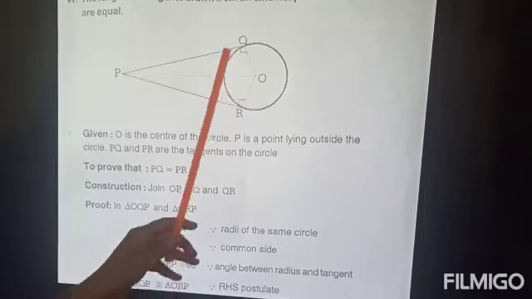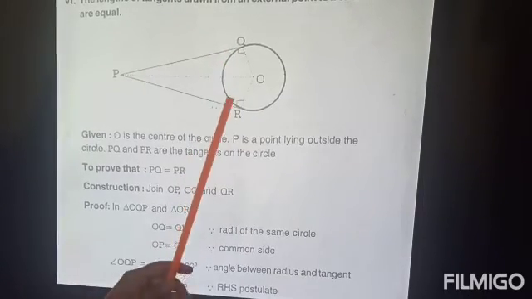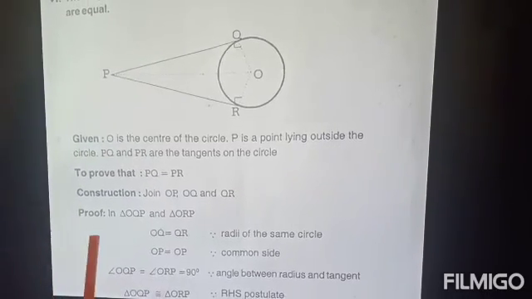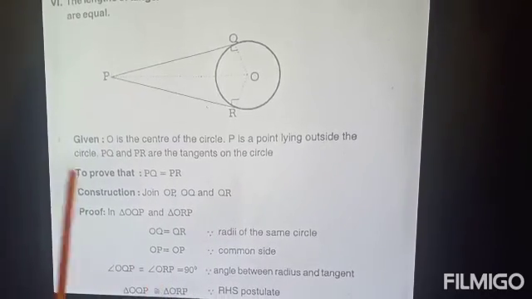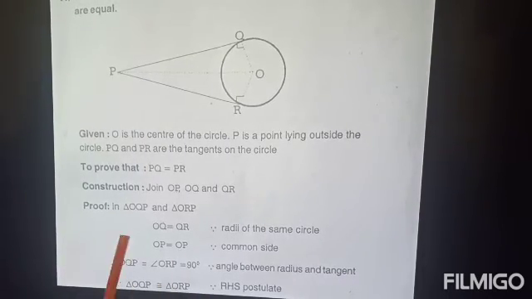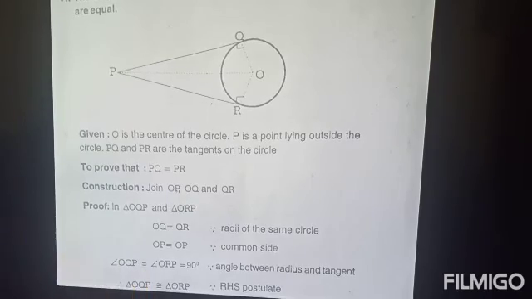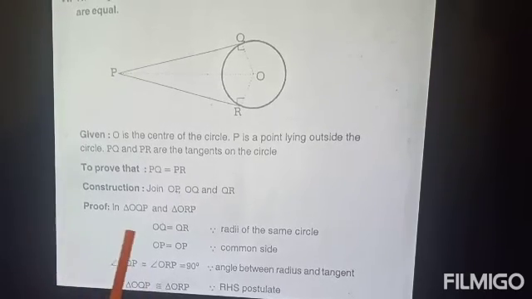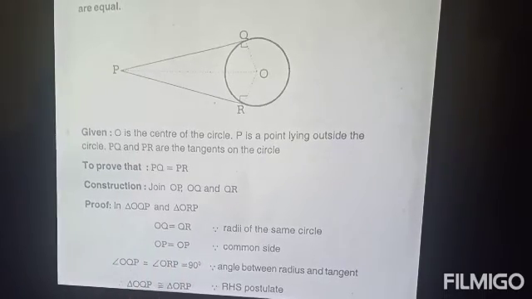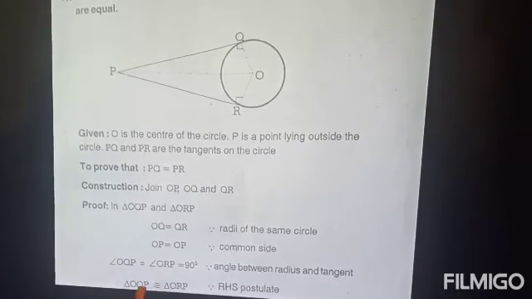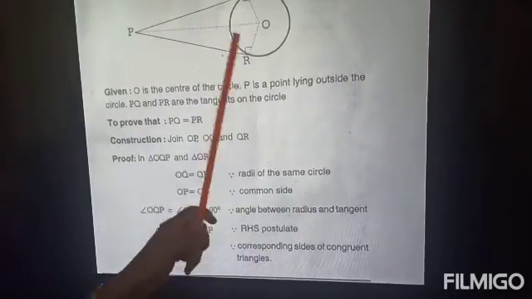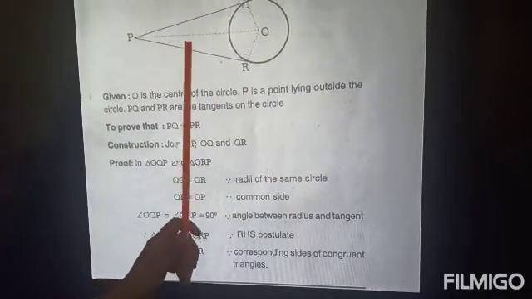Then one angle, the right angle. So the hypotenuse and a side are equal, which means the two triangles are congruent by the RHS postulate.